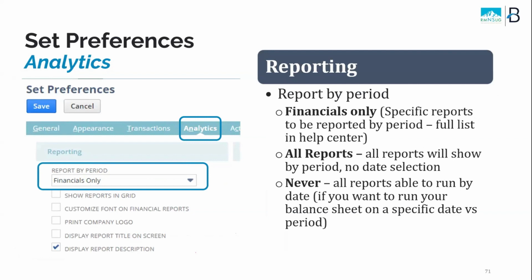But let's say you want to see a balance sheet in the middle of the month, like March 20th. If you change this report by period to never, it will now show you a date selection option on that balance sheet report versus you selecting a period. So there are different ways to leverage those. I definitely encourage you to communicate to users so they know that preference is available.